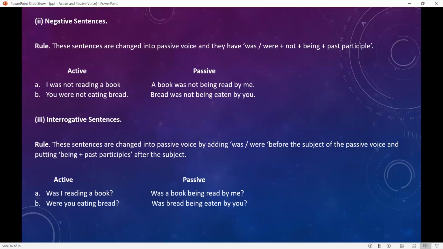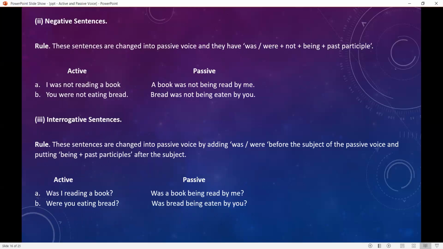Now under the interrogative sentences rule, these sentences are changed into passive voice by adding was or were before the subject of the passive voice and putting being plus past participle after the subject. Children, you have to take some time to understand the rule.